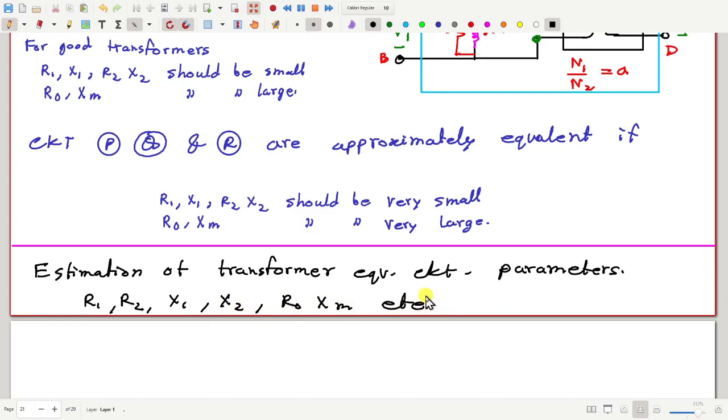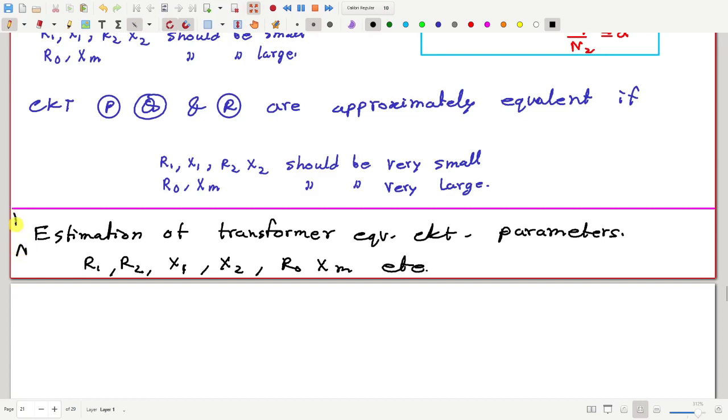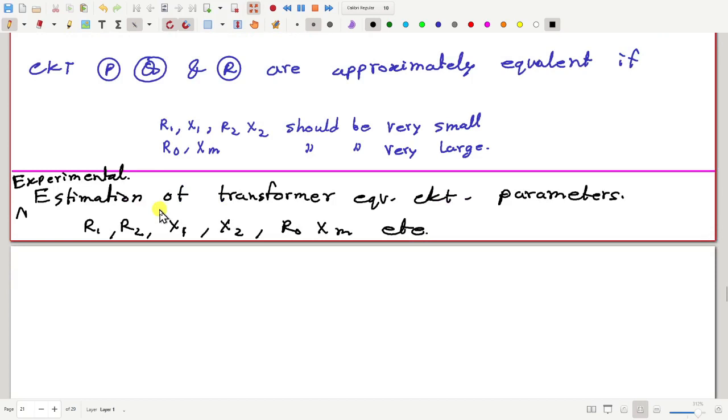That means if one transformer is given to me, and I know the turns ratio, but I do not know these parameters R1, R2, X1, X2, etc., and I want to find out these parameters experimentally, how to find them experimentally in the laboratory or on site?